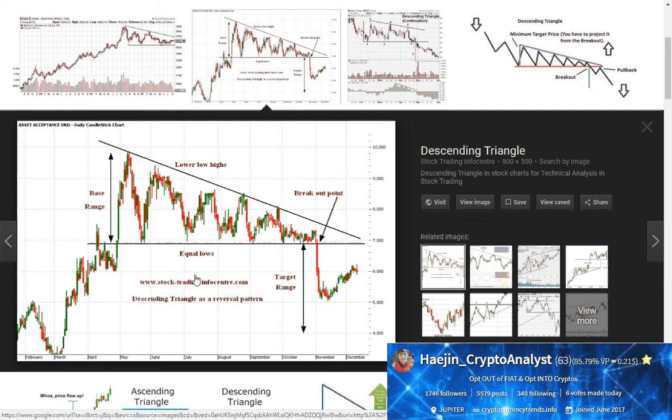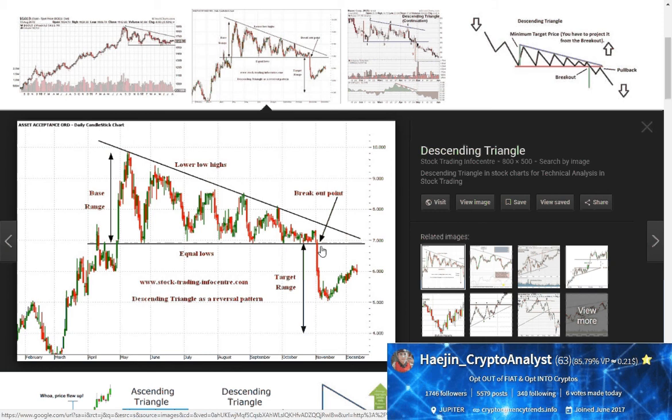On the descending one, the bottom line is horizontal, and the top line of the triangle is downward angled. If you draw a vertical line here, it's a right triangle. That's why it's a descending right triangle, and it is bearish, as you could tell.